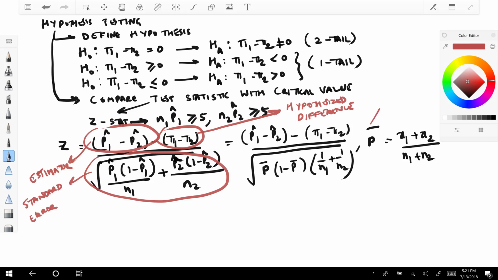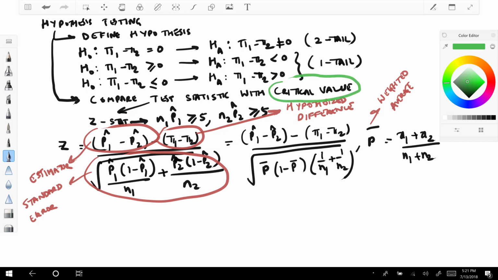And this is the weighted average. So the next step would be to get a critical value from our z table.